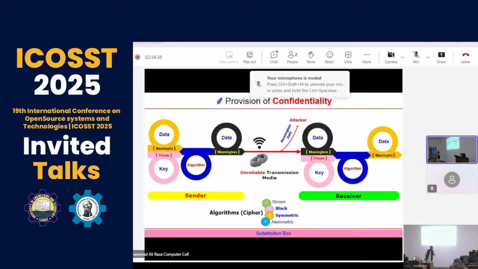So this is the whole picture and the scenario that is used whenever we have a sender and receiver. We want to send our data, which is meaningful, and we need a password to make it meaningless.